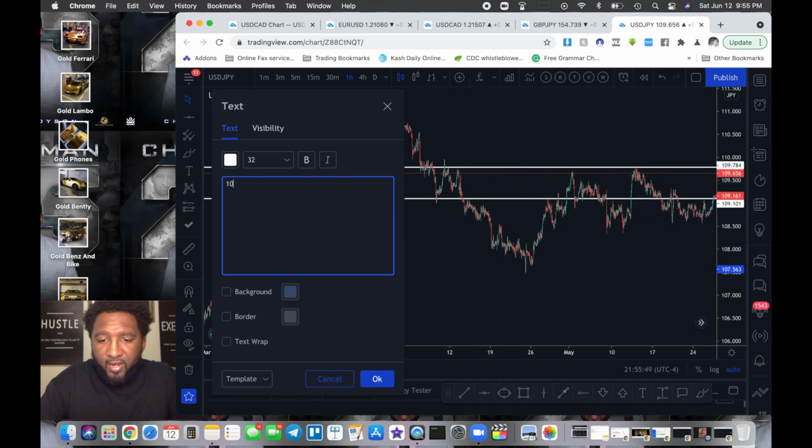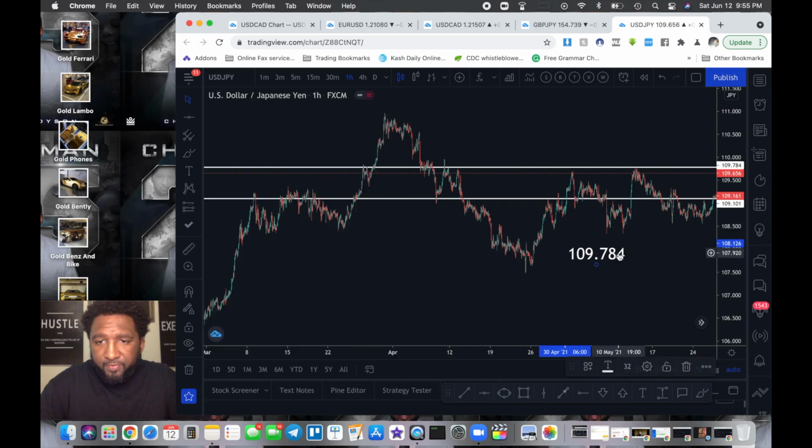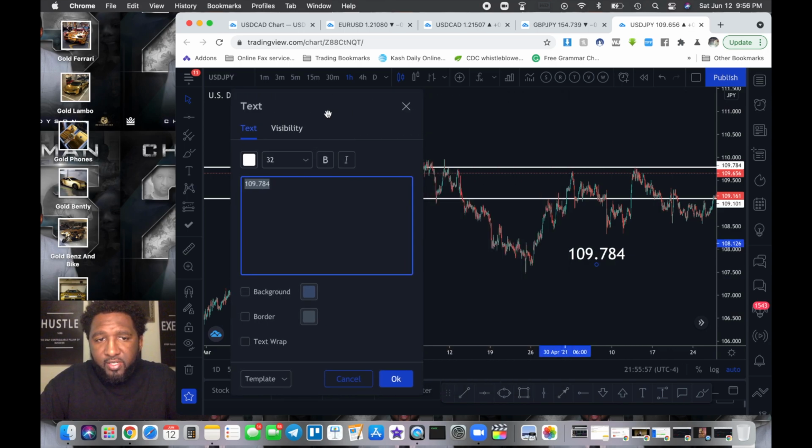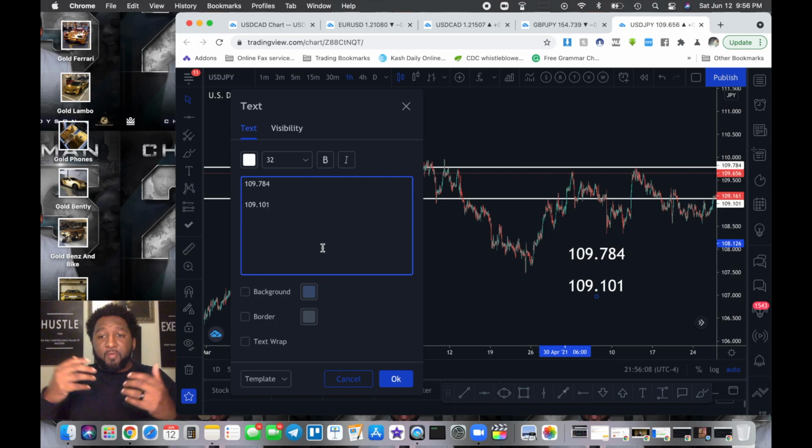So one white line is at 109.784. Okay, let me move this over here. 109.784, and the second line is at 109.101.